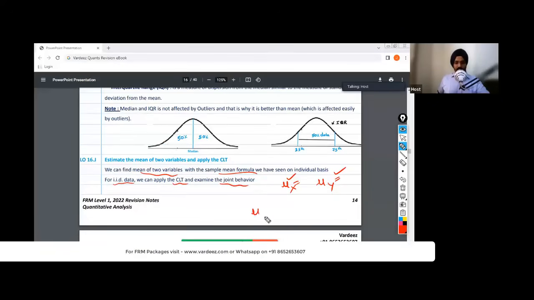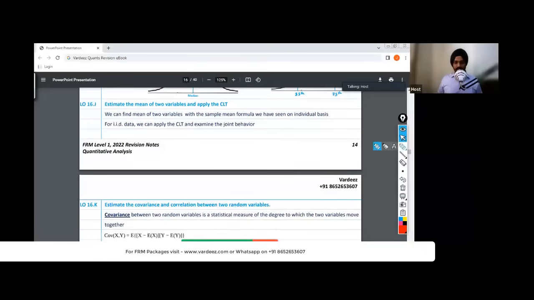That means you can find, in a vector shape, their overall understanding as a joint behavior, how they behave when they are joined together. We don't have to get into this overall vector, but understand that these two lines are something you need to know. Sample mean is something you calculate for X. For TCS, you calculate the sample mean. For Reliance, you calculate the sample mean. That's it. Individually, that you do.